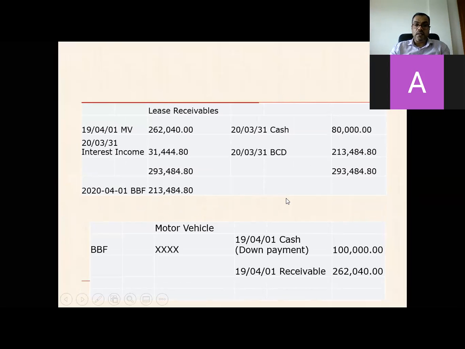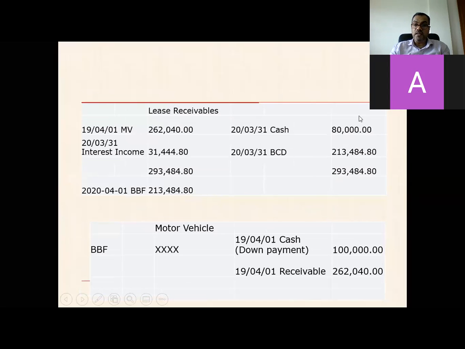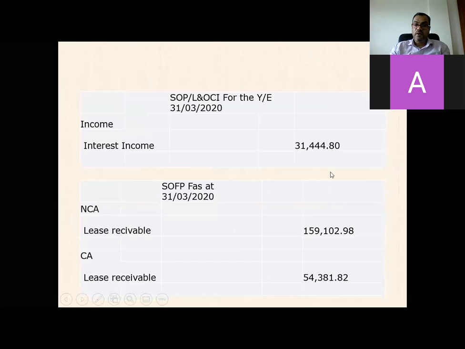What is the easiest way of recognizing this current asset, lease receivable, next year? How much are we going to receive? We are going to receive 80. Right? We are going to receive 80. So therefore, your lease receivable in next year under current should be 80.